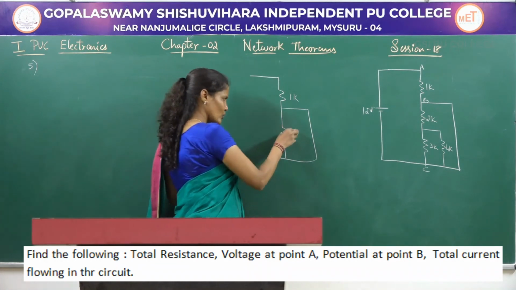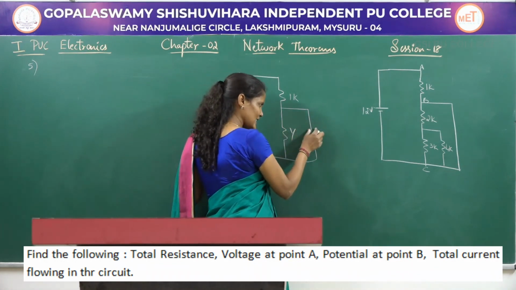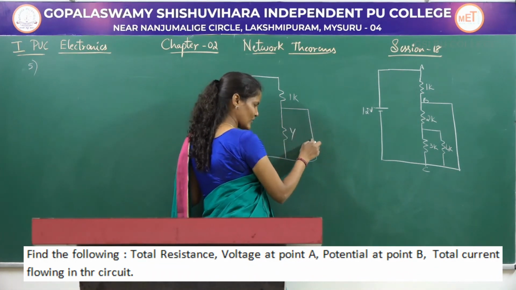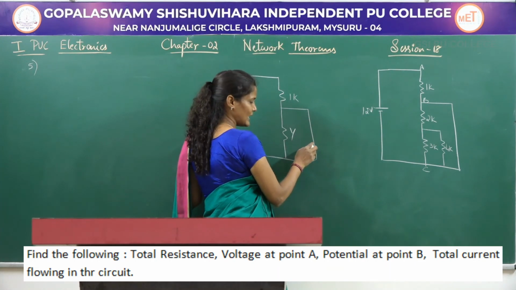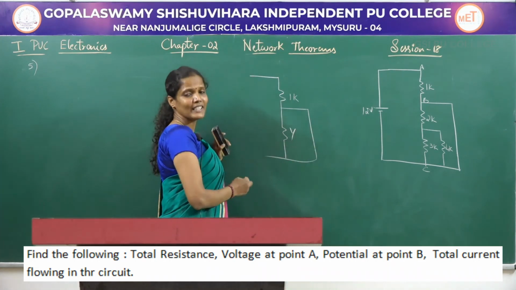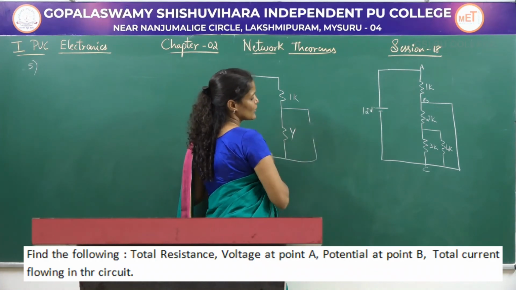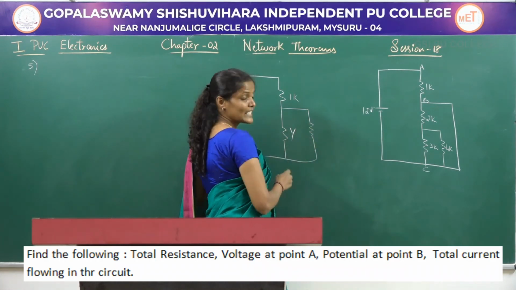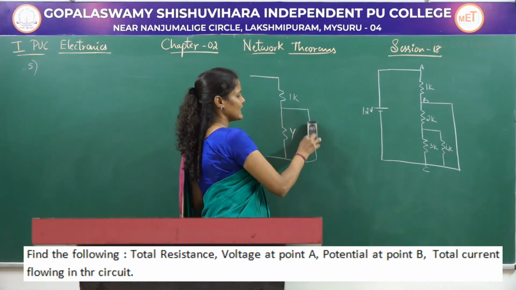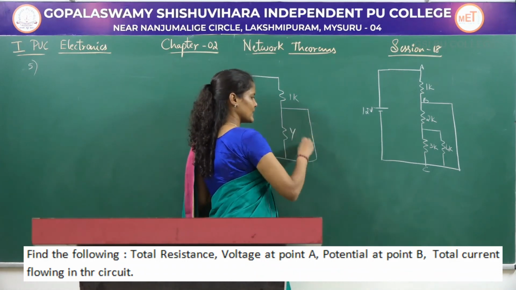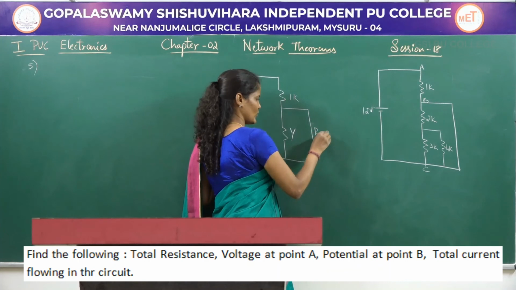Now this Y and the resistor which is present in this line or this wire are connected in parallel. I am not having any kind of resistance over here. So since there is no resistance here, I can tell that the resistance in this particular line is equal to 0.